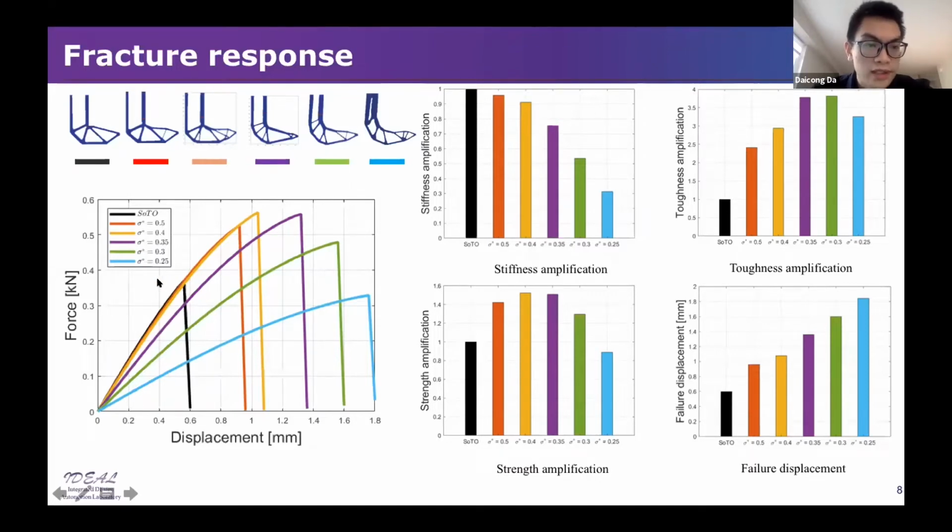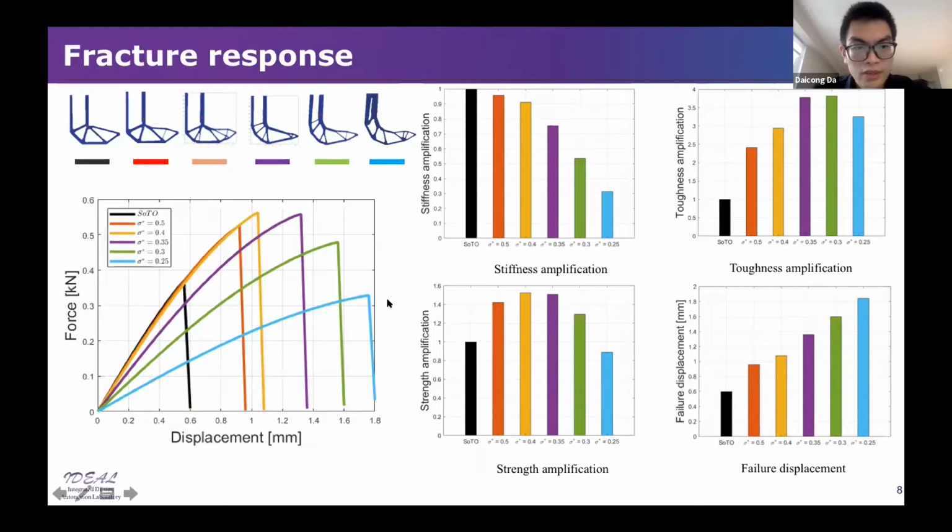But if you look at the peak of the different curves, you can see that by considering the stress constraint, you can obtain almost 1.5 times amplification compared with the stiffness-only optimization results. And if you look at the total area of all the curves, which I measure as the toughness here, it can achieve more than 3.5 times amplification compared with the stiffness-only results.